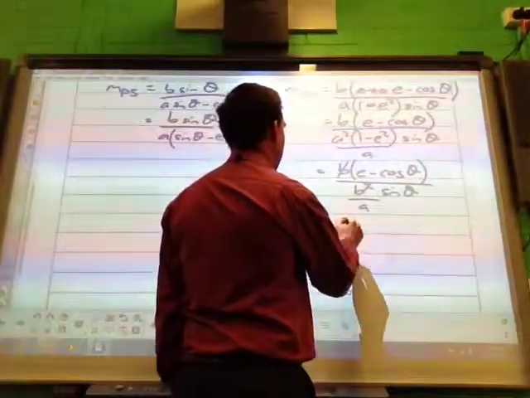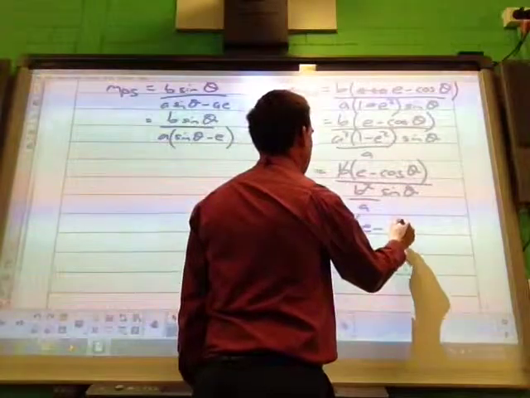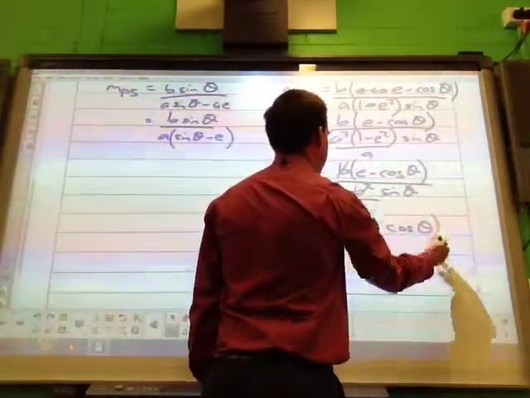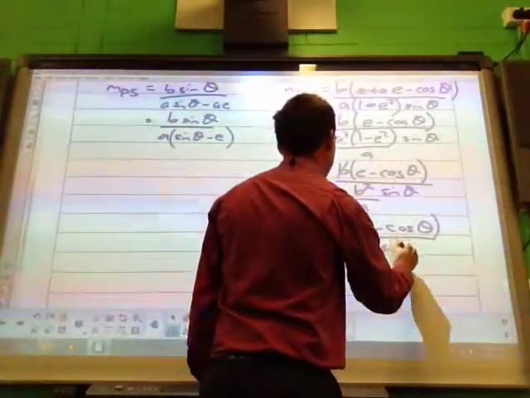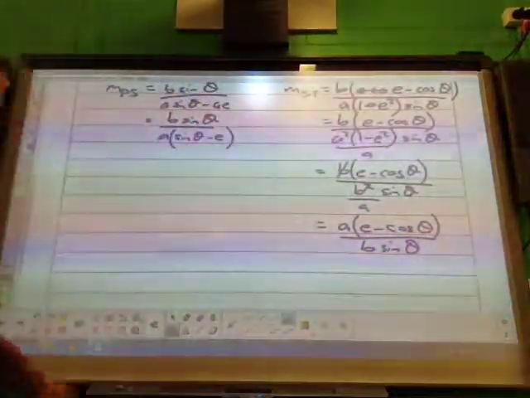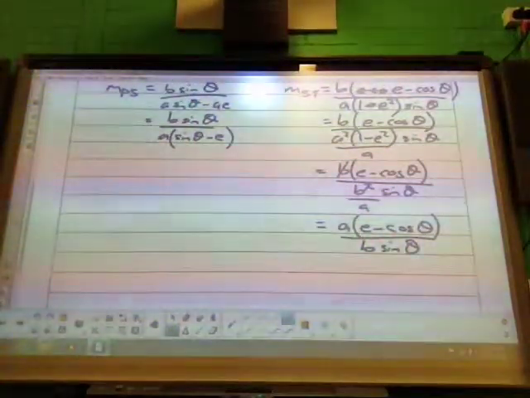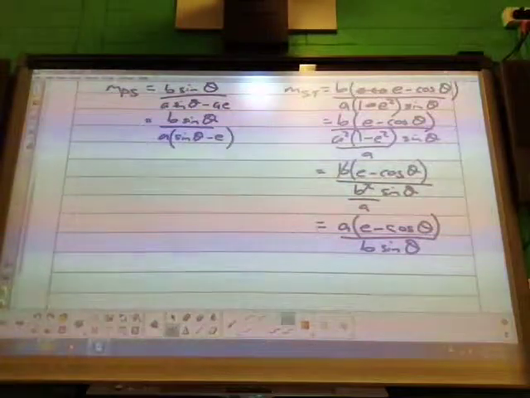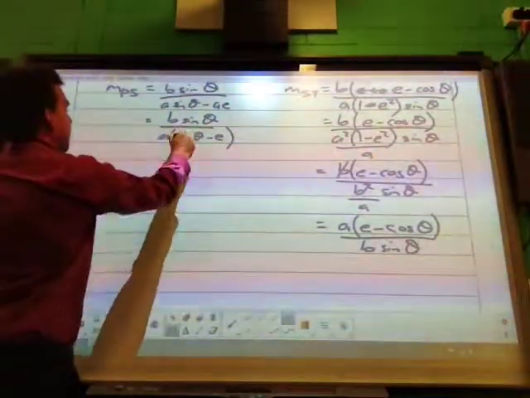Right, it's going to equal a outside of e minus cos theta over b sine theta. Oh, this should be cos theta.